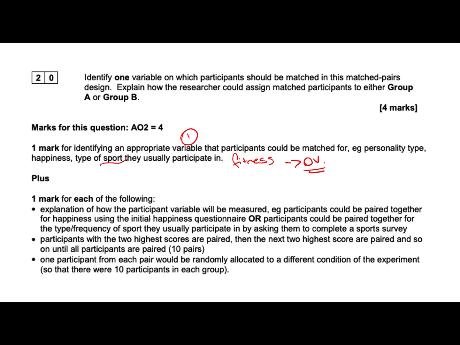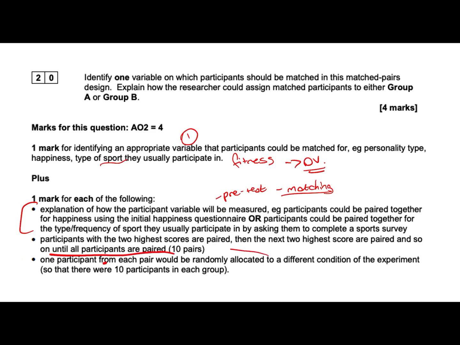A lot of you didn't actually explain how that matching was going to happen. So you didn't mention that there was going to be some sort of pre-test, a questionnaire assessing their type of happiness or personality, or some sort of fitness test, for example. And then many people didn't actually explain how the matching process would happen. So the 2 people who report the highest levels of happiness will be paired, the next 2 highest levels of happiness will be paired together, and so on and so forth until all participants are paired.